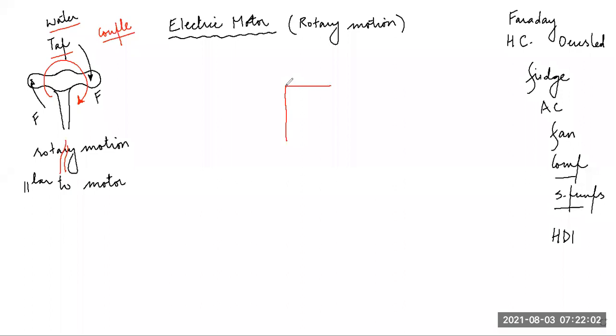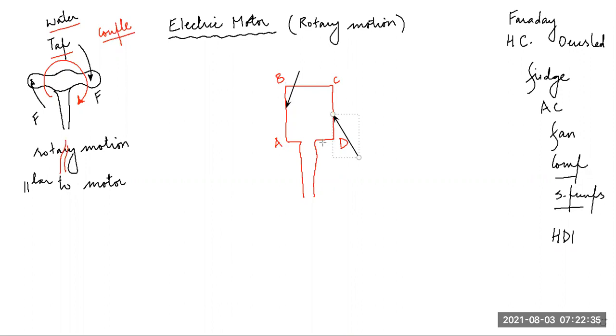So you see, whenever you want to get a rotary motion, let's say there is an armature, or a rectangular coil. We say A, B, C, D. Students, just see, in case a downward force is applied on this end and an upward force is applied on this end, what will happen?